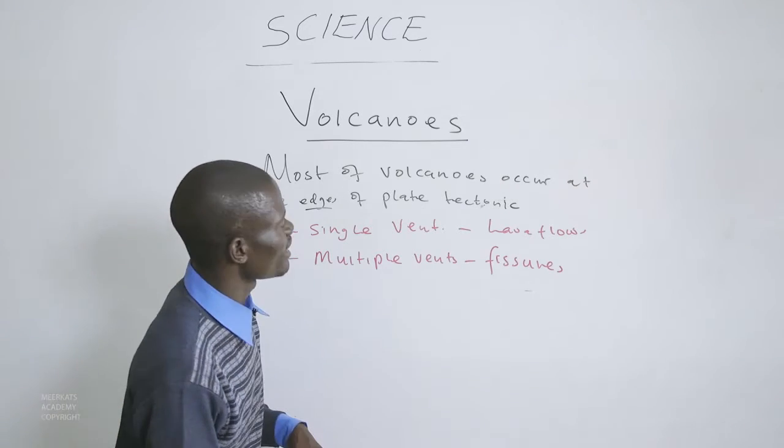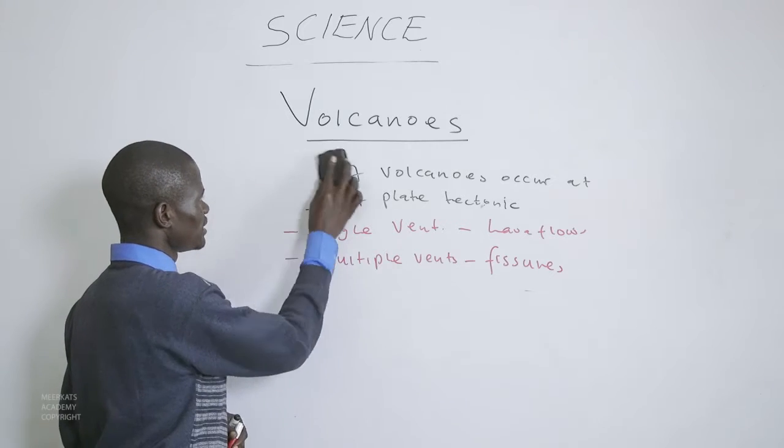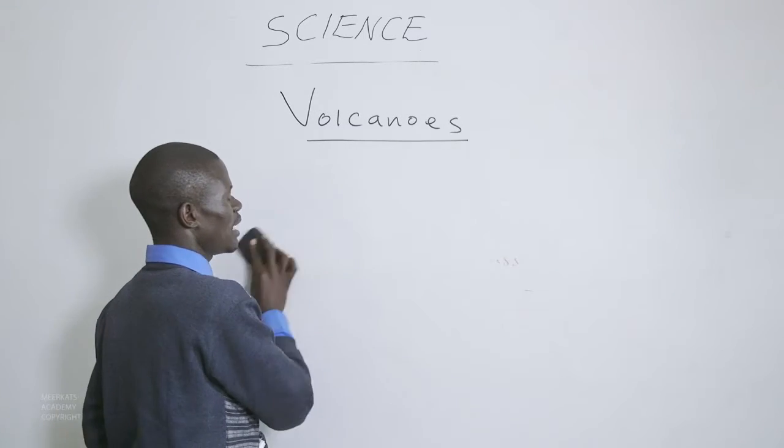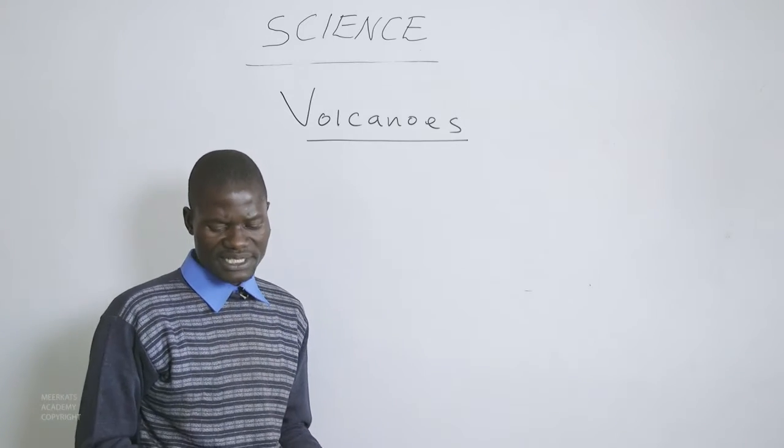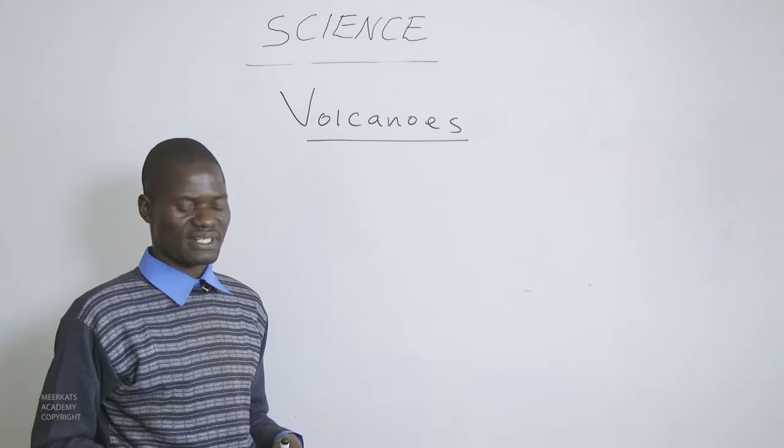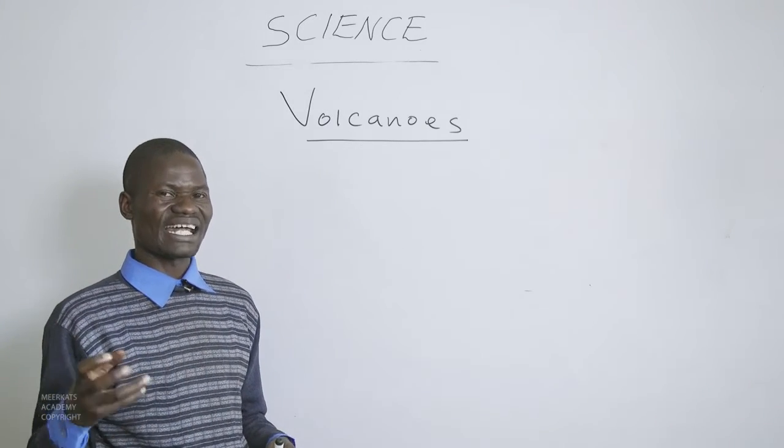And when the eruption occurs, there is also another thing that happens during the eruption. The temperature of lava normally gives rise to different colors of lava.